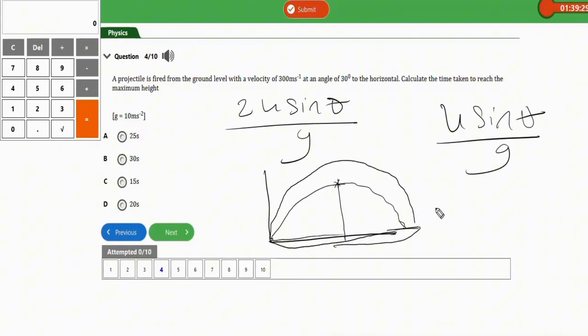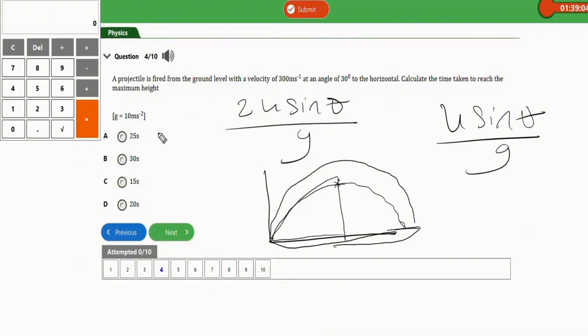This horizontal axis is the range of projection. The time from here to this maximum point, before the body starts falling again, is the time to reach maximum height. So that's why it's u sin theta over g. Then when it completes the motion, it will now be 2u sin theta over g. So having known this, let's solve this.